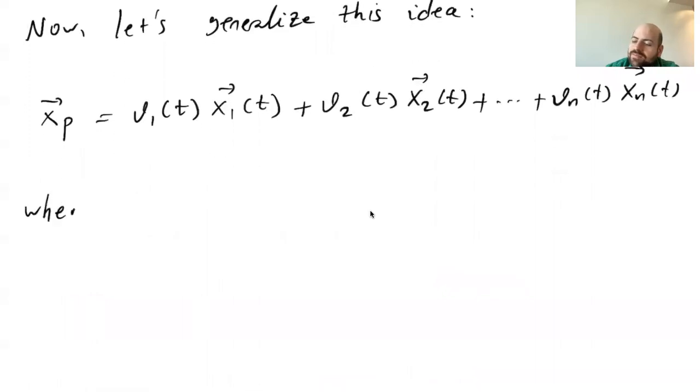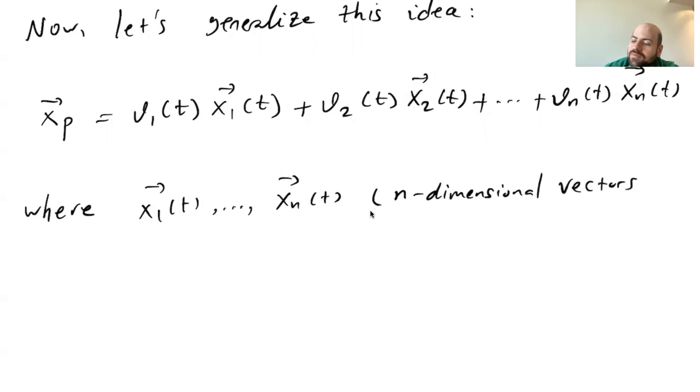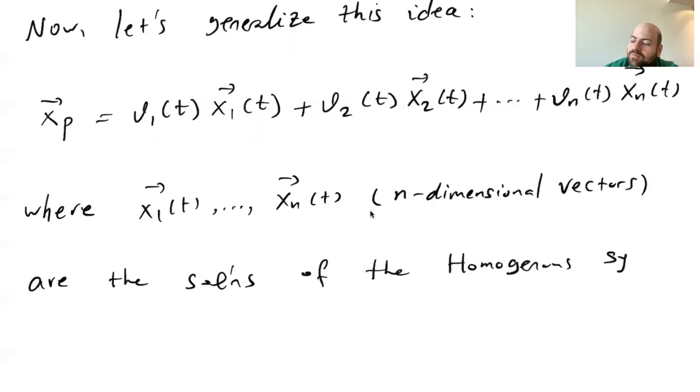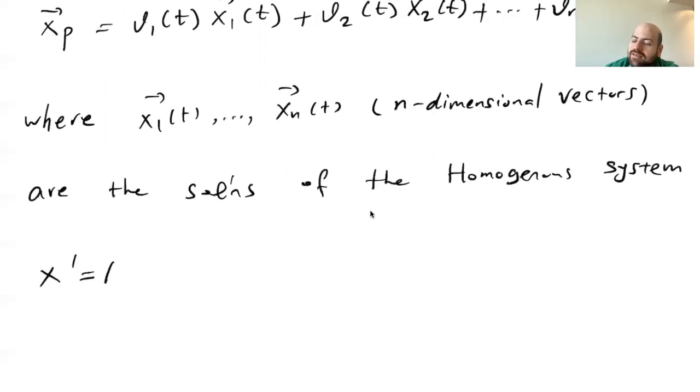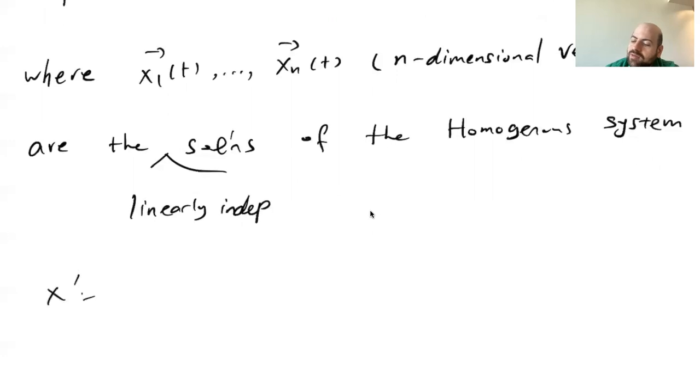So x1 of t to xn of t, which are n-dimensional vectors, are the linearly independent solutions, not just any solutions, of the homogeneous system x prime equals ax.